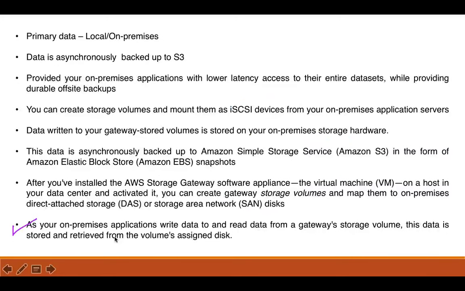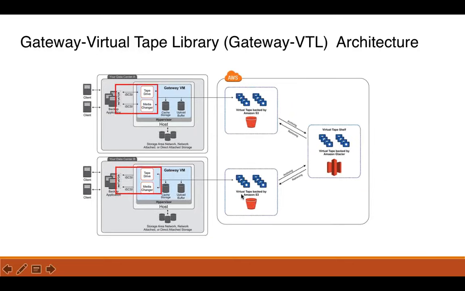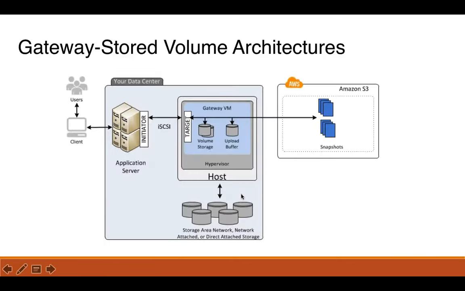As your on-premises applications write data to and read data from the gateway storage volume, this data is stored and retrieved from the volume's assigned disk. Whenever the application server tries to retrieve the data stored in the volume storage, it extracts this data through the storage gateway.